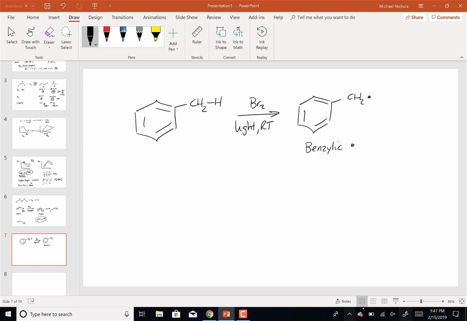So when you're doing bromination, your special positions where you're going to brominate to form the major product are going to be tertiaries, allylics, and benzylics. Those are going to be the three top positions for forming those stabilized radicals. Tertiary because it's tertiary, and allylic and benzylic because they can be stabilized by resonance structures.